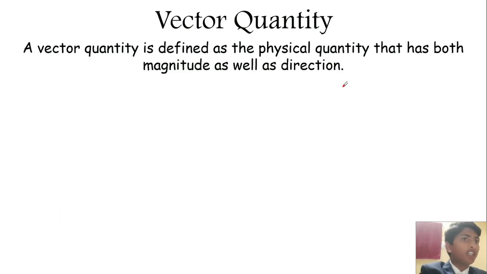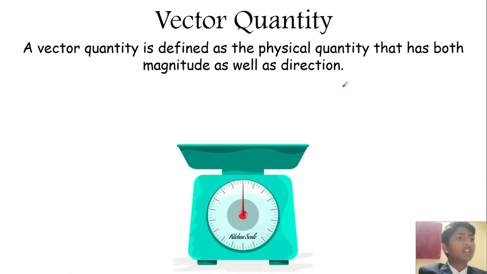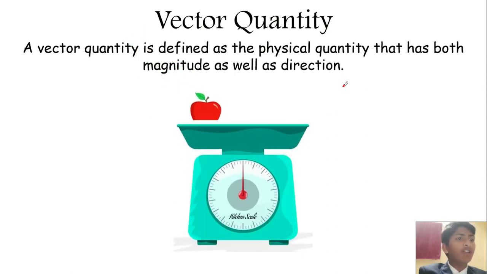Next, vector quantity. Vector quantity is defined as a physical quantity that has both magnitude as well as direction. Weight is a good example of a vector quantity.